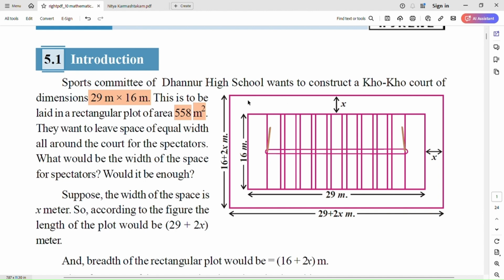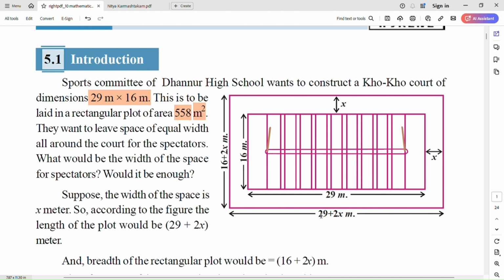This is the kho-kho ground dimensions, and this is the total area of the ground. Now you want to leave a space of equal width around this. The width should be equal, so let's call it x. Then how do you solve this problem? This is very simple. We know that the kho-kho court is 16 meters by 29 and you are leaving a width of x on all the sides.